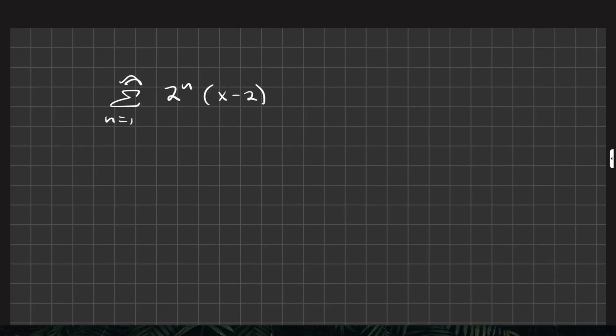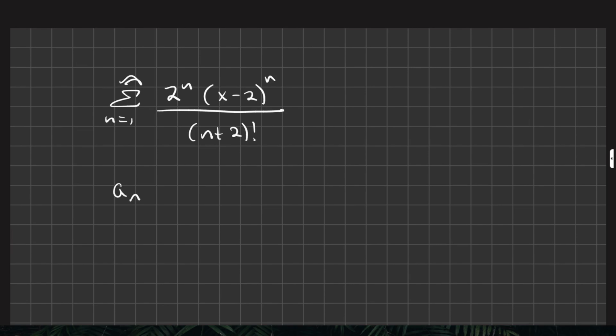The series from n equals 1 to infinity of 2 to the n, x minus 2 to the n, over n plus 2 factorial. Okay, and we want to find the radius and interval of convergence.